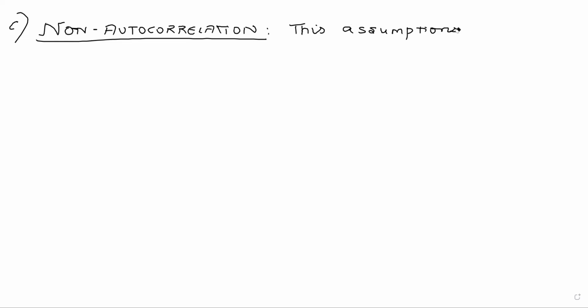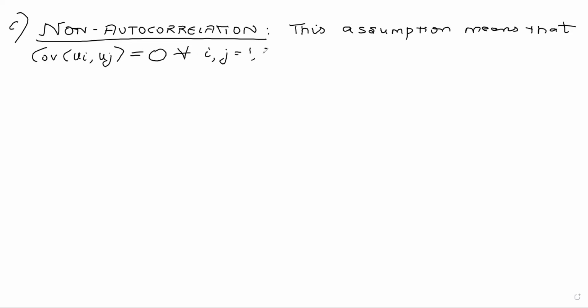This assumption means that the covariance of ui comma uj is equal to 0 for all i and j going from 1 to m, i not equal to j.